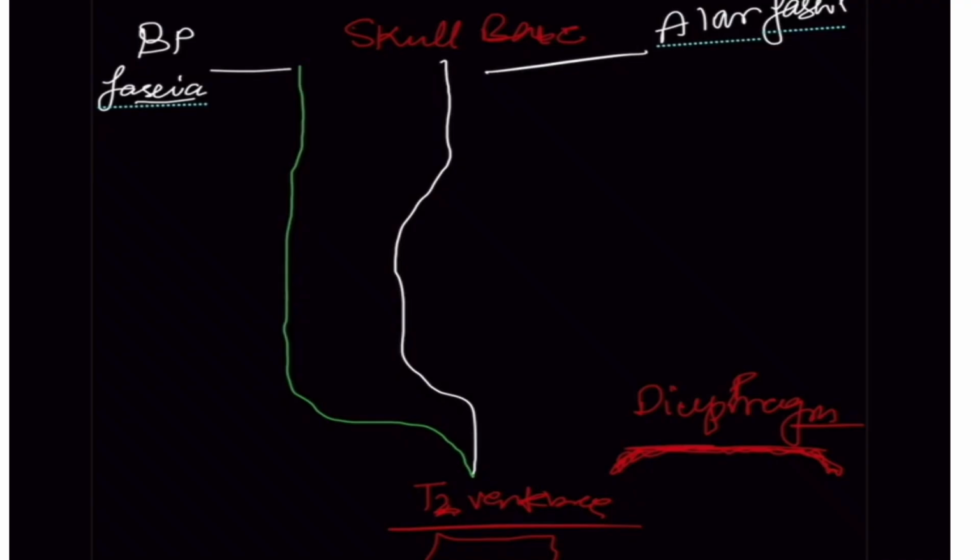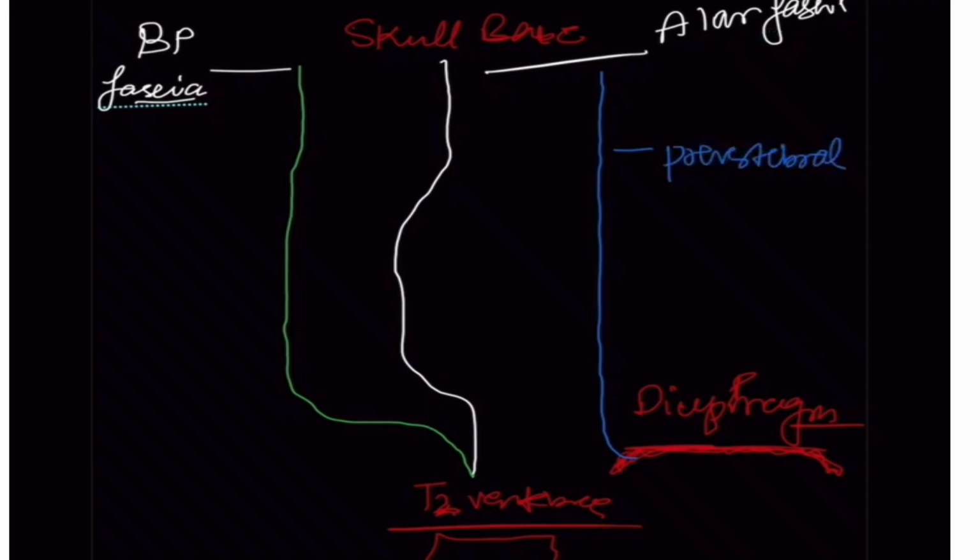Now what is the role of the diaphragm here? Another layer of fascia that comes from the skull base and goes down to the diaphragm is known as prevertebral fascia. So another space is formed between the alar fascia and prevertebral fascia, known as the posterior compartment of the retropharyngeal space.